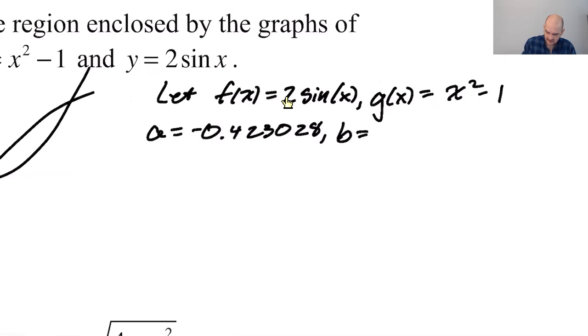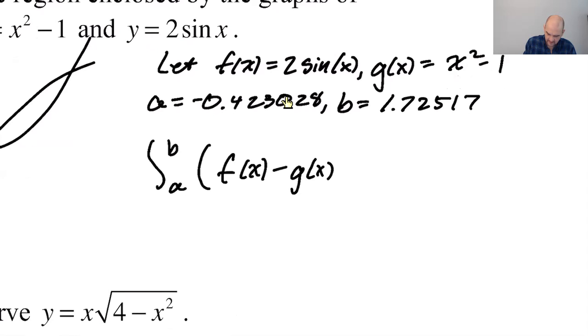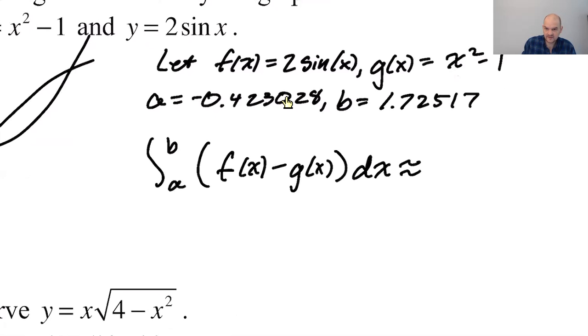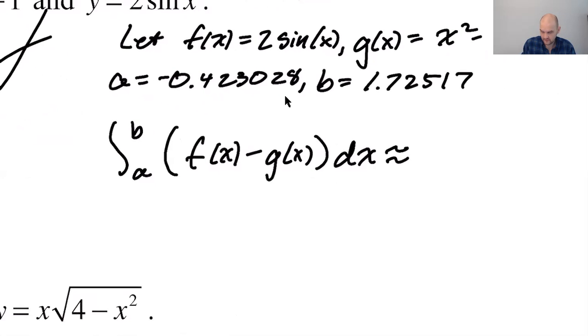B is 1.72517. So we did the integral from A to B of the top curve, which is the sine thing, minus the bottom curve, which is the other thing, dx. We got approximately 2.543.